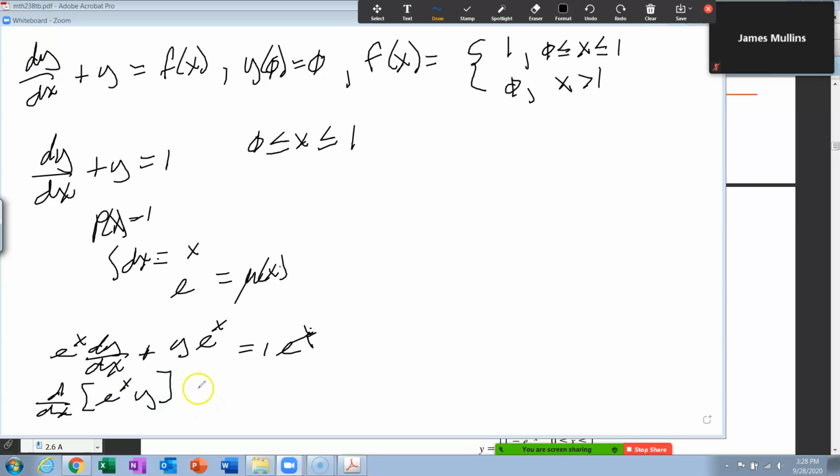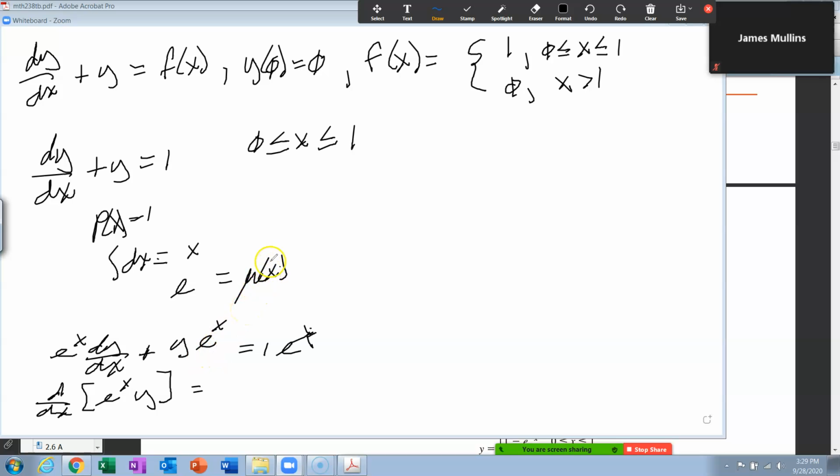That's what it should be. Let's check and see if that's true. The derivative of this is the first times the derivative of the second. This is a product. So e to the x times dy/dx plus the second, y, times the derivative of the first, which is e to the x. That sure enough is true.